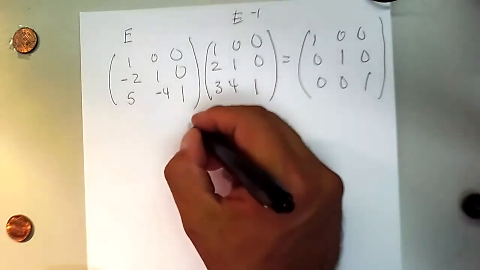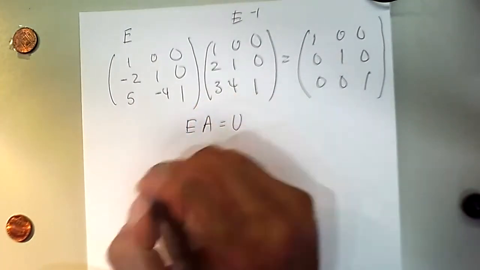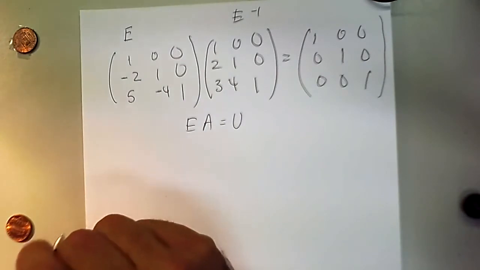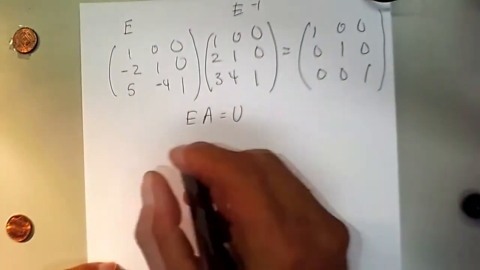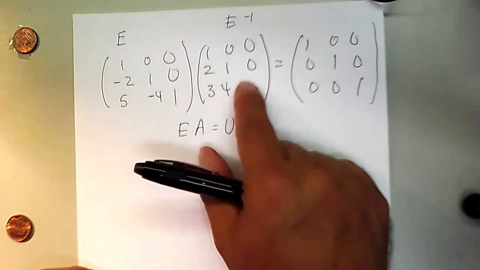So remember our equation, EA equals the upper U. Well, we found E inverse, which is this guy. It's a lower triangular matrix.